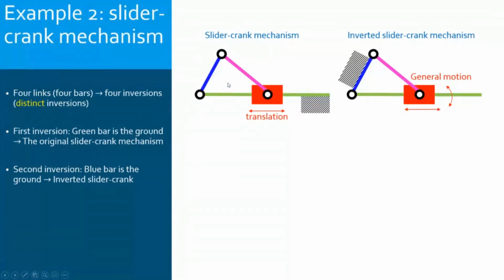For example, in the gas engine, the input is the piston, the slider, and the crank is the output. We are transforming in the gas engine a reciprocating translating motion to a rotation motion. And we need a crank. We need the bar to complete a 360-degree rotation. Okay.